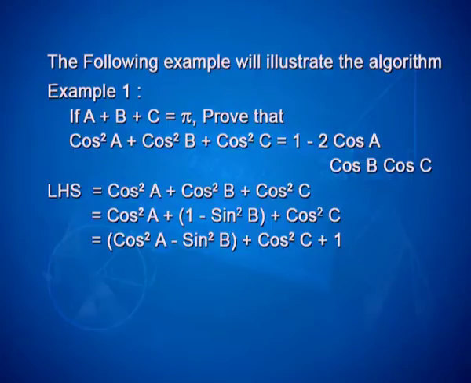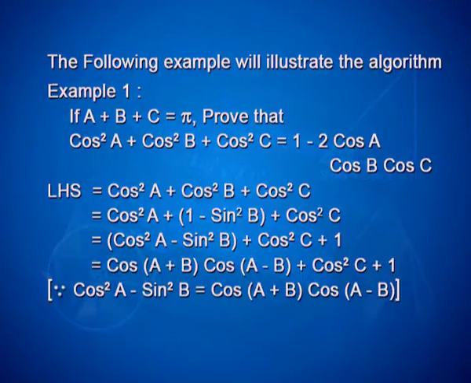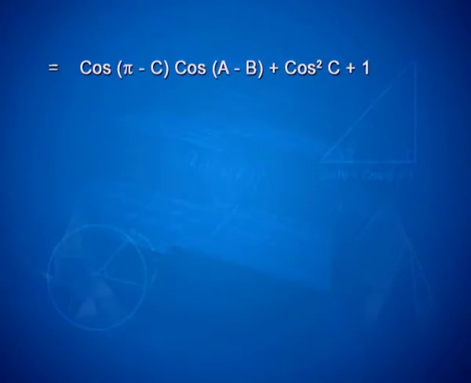I hope you can follow here. We are using an identity a square minus b square as (a plus b) into (a minus b), and thus we can express cos (a plus b) into cos (a minus b) plus cos square c plus 1. This again can be written as cos (pi minus c) into cos (a minus b) plus cos square c plus 1.